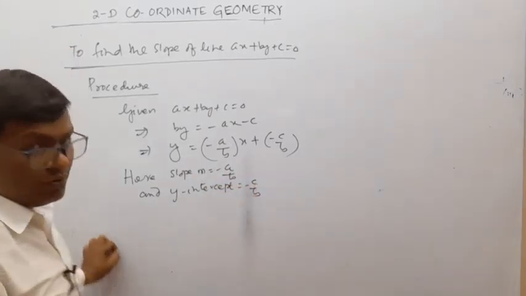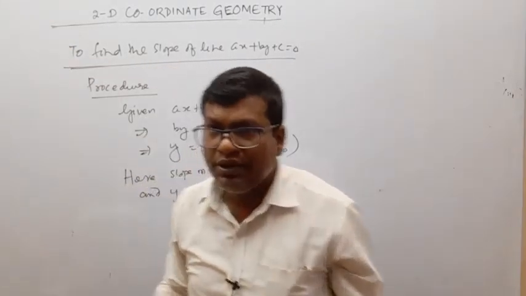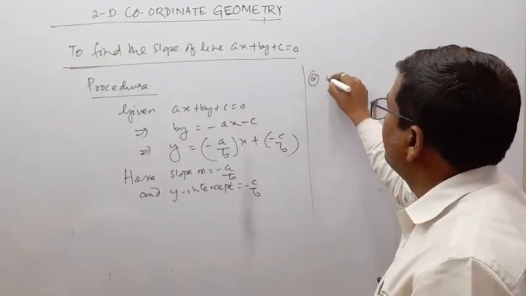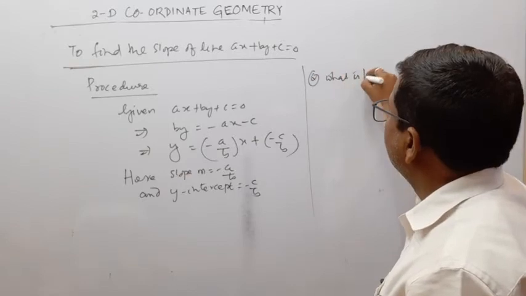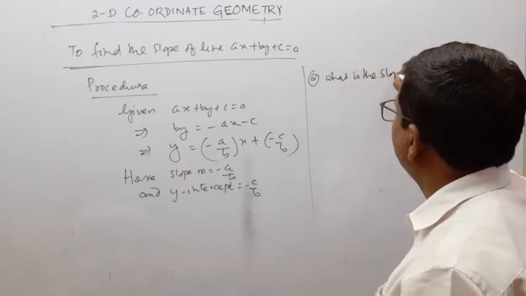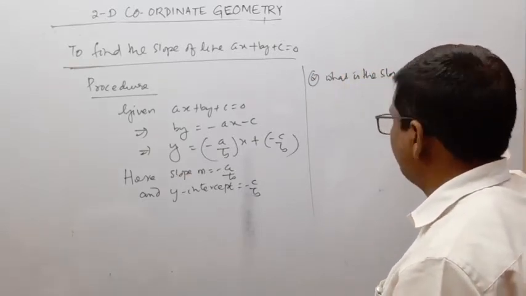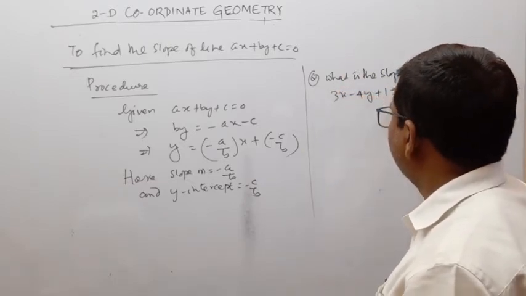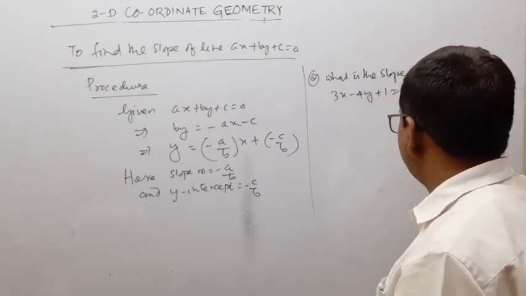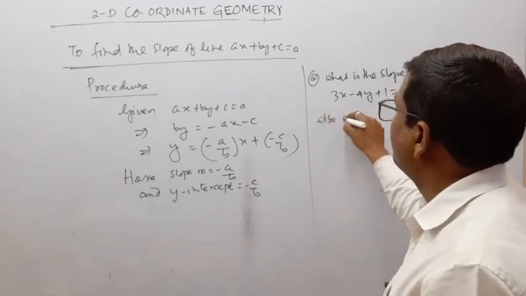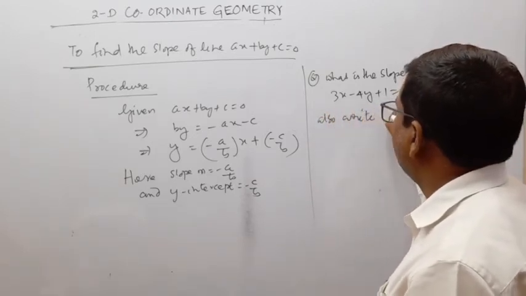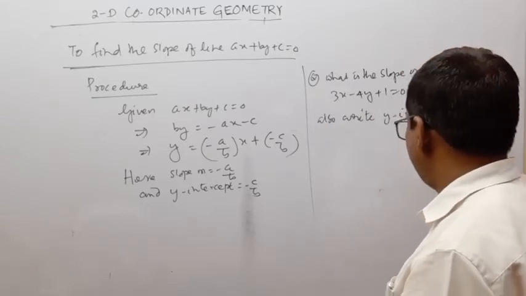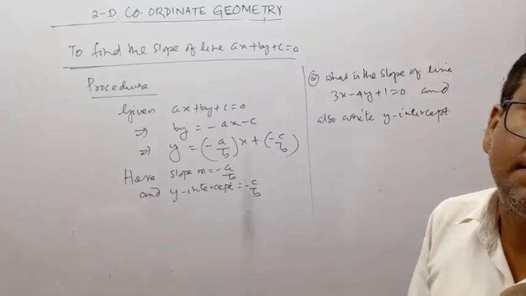Now, what is the slope of the line? Question: what is the slope of the line 3x minus 4y plus 1 is equal to 0, and also write the y intercept.